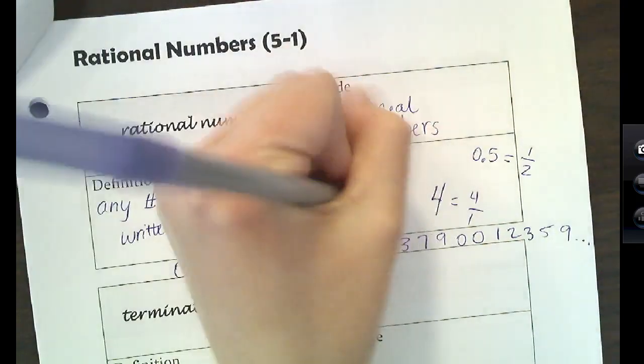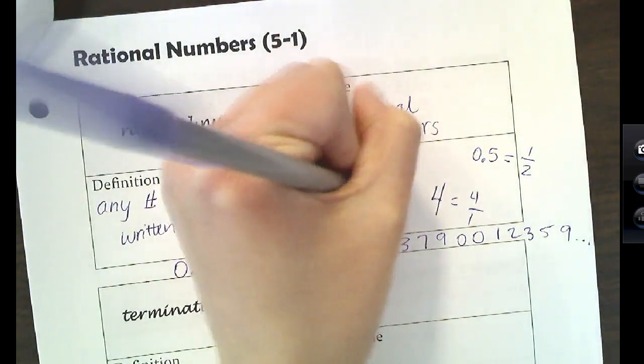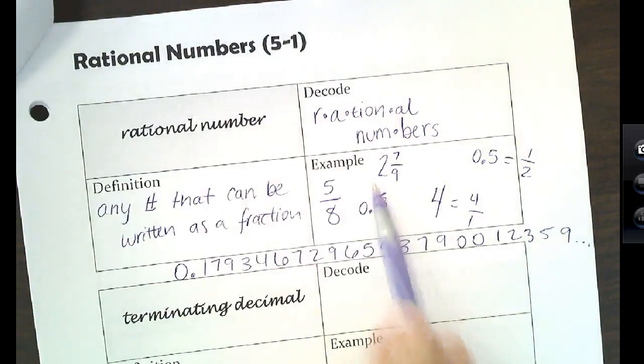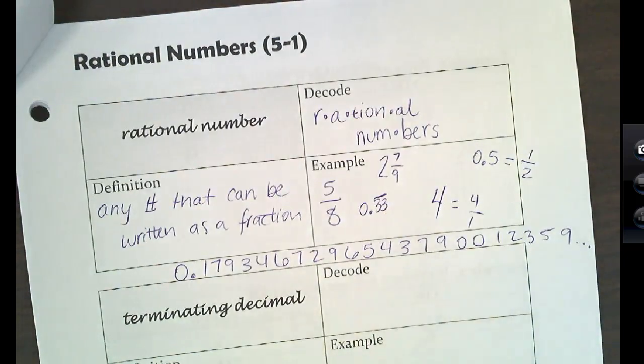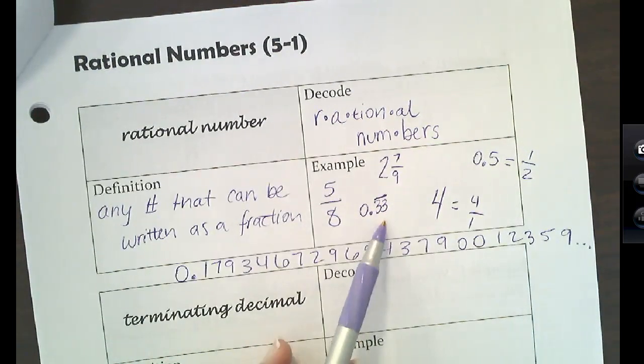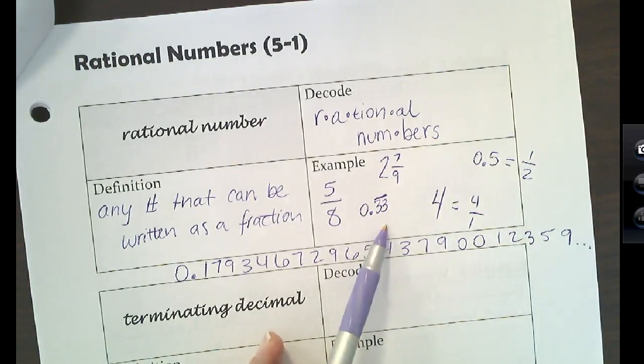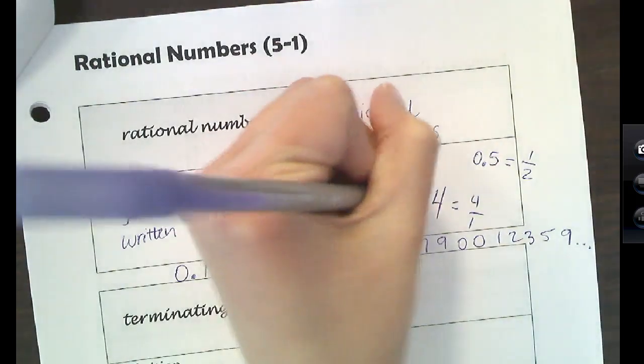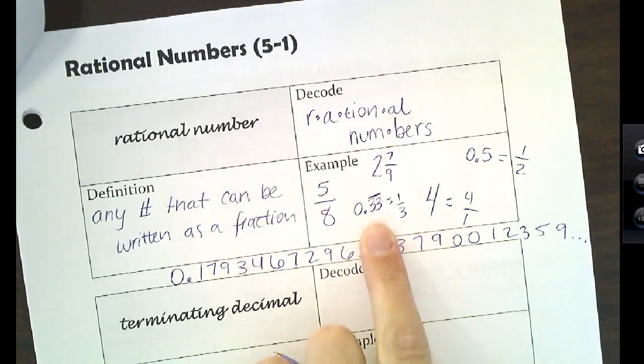So like this decimal right here, 0.33 repeating, that is considered a rational number. And this is a very good question, so make sure you're listening. This is a rational number because all repeating decimals can be written as fractions. It would simply be 1/3 is 0.3 repeating.